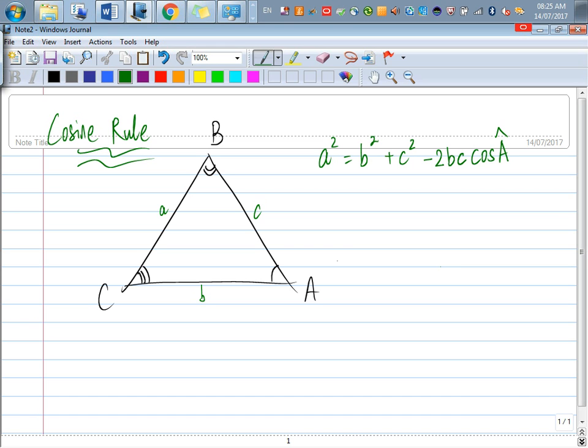Nothing complicated. It is just the square of one side over here equals the square of the other side plus square of the last side minus 2 times bc times cosine this angle, cosine A.